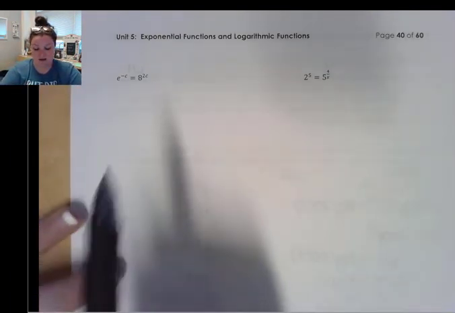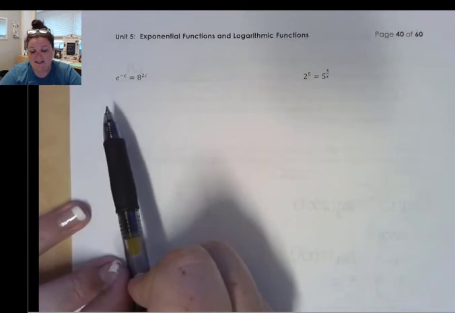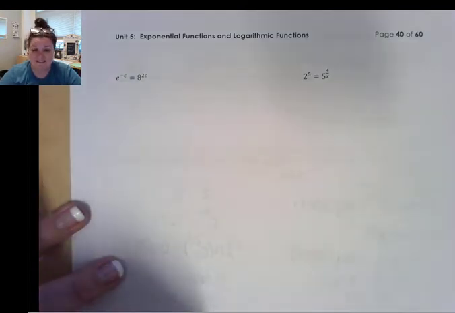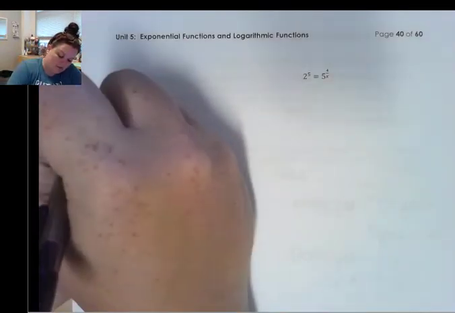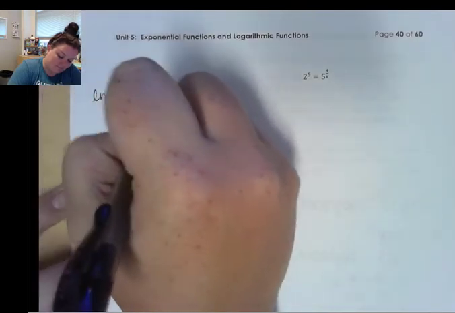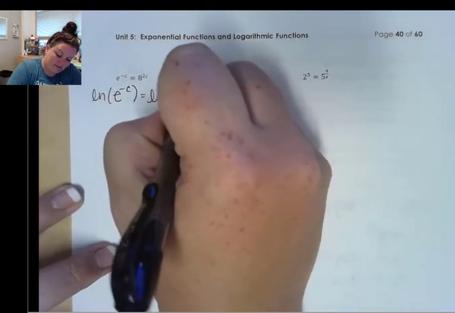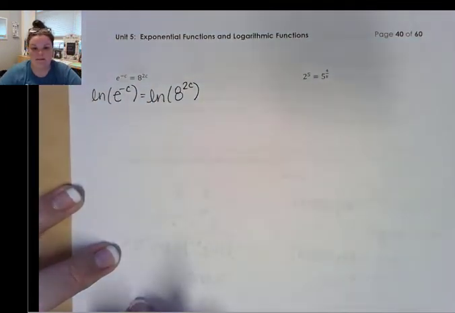Now the log that I want to use, if I can choose between log or ln, is I'm going to choose ln because I see an e, right? So I'm going to do ln of e to the negative c is equal to ln of 8 to the 2c. Okay.